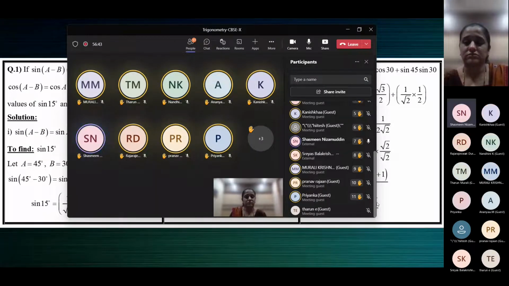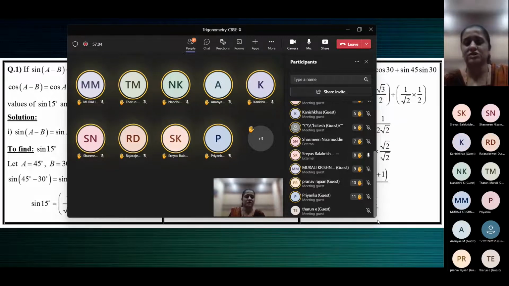You finished trigonometry in school? Yes, ma'am. What about applications of trigonometry? They have not started that yet, ma'am. Not yet, huh? Shreyas? No, ma'am, not yet started. Murali Krishna?